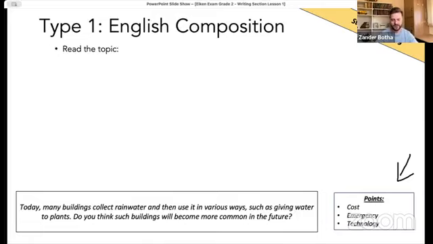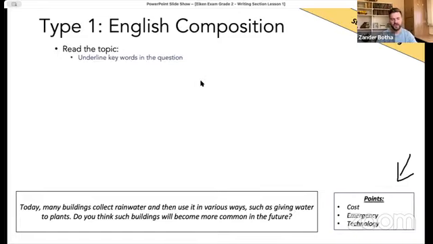Okay, so the topic says, today, many buildings collect rainwater and then use it in various ways, such as giving water to plants. Do you think such buildings will become more common in the future? So see, we have a topic, statement, and then a question. That's step one. We read our topic.